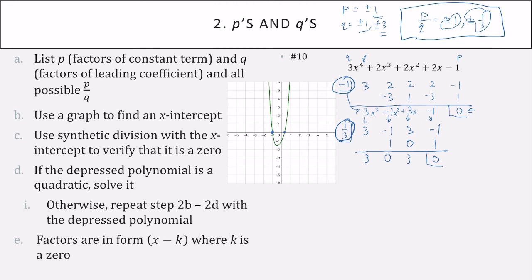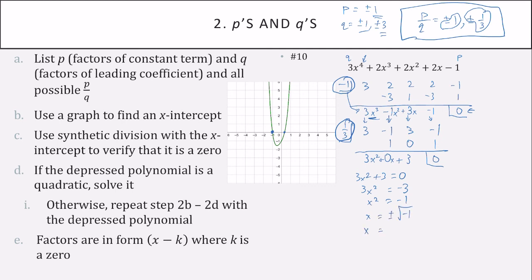All right, that was x cubed. It's depressed, lost a power. It's x squared plus 0x plus 3. Is that quadratic? Yes, it is. So now I can take that equal to 0 and solve it pretty easily. We could subtract the 3, divide by 3, and square root. Don't forget the plus and minus.